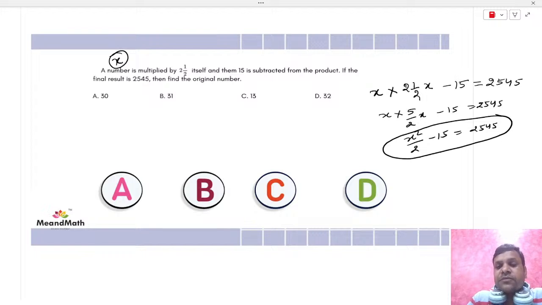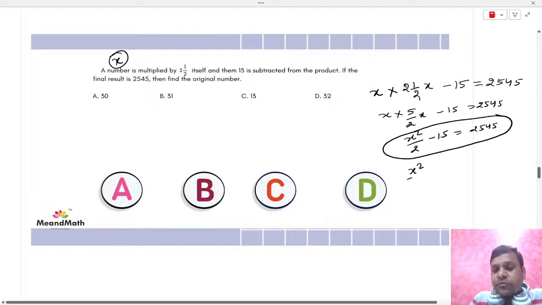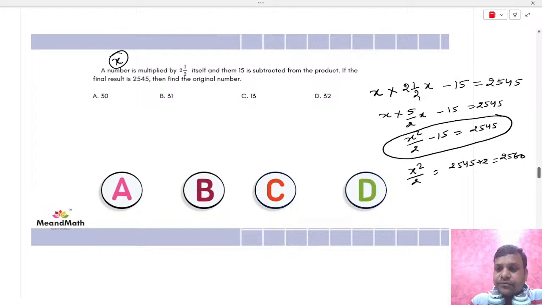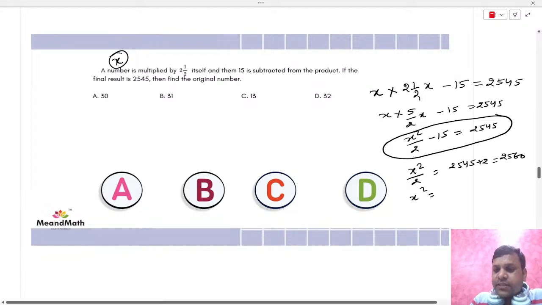Now x square by 2 is equal to 2545 plus 15, which is 2560. Now x square is equal to 2560 into 2, so x square is equal to 5120.